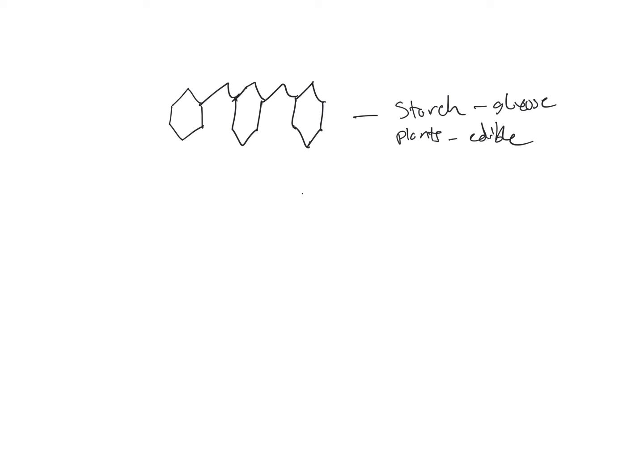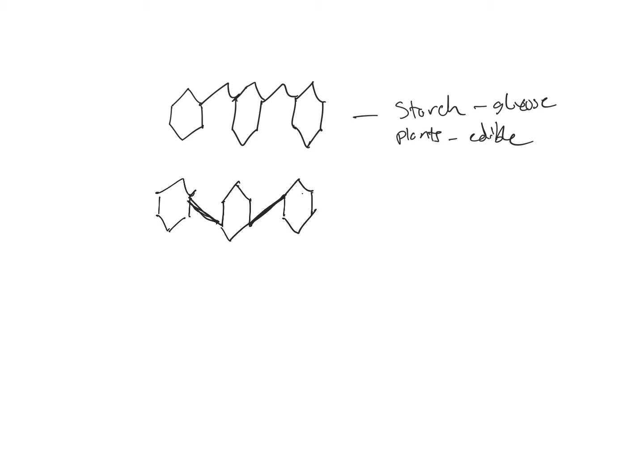Another one that's found in plants, but what ends up happening is these glucose molecules sort of tend to be inverted from one another. So the bonding happens at a weird angle, and then it's going to be a weird angle back up here.